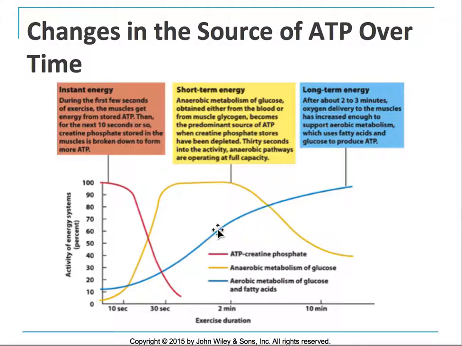And during that time, while it's waiting for the extra oxygen to get there, your body is able to rely on ATP, creatine phosphate stores, and then the anaerobic metabolism of glucose until that extra oxygen arrives, which takes about 2 to 3 minutes, at which point your body begins engaging in aerobic metabolism.